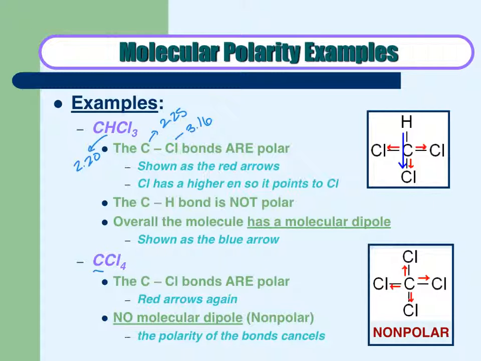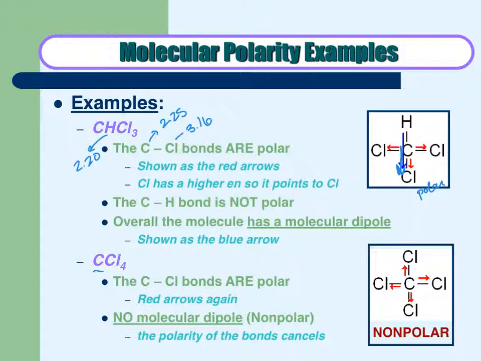But because I have this chlorine down here pulling without this hydrogen being able to pull back, I do have a directional dipole here, because this chlorine is going to tug some of the electrons toward it without anything else to pull it back. So again, almost like a tug of war. So this would be a polar molecule.